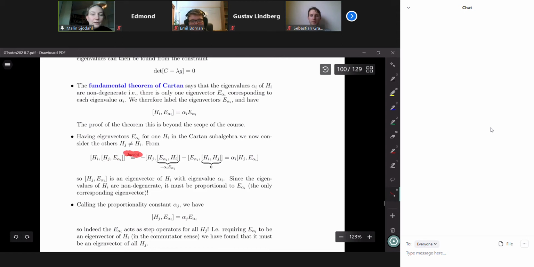Then we use the Jacobi identity, which is trivially fulfilled for matrices and is a constraint on the algebra. The Jacobi identity says that if we add up cyclic permutations of the objects here in the brackets, we get 0. So we add up cyclic permutations, but we move the other two permutations to the other side, so they acquire a minus sign each.